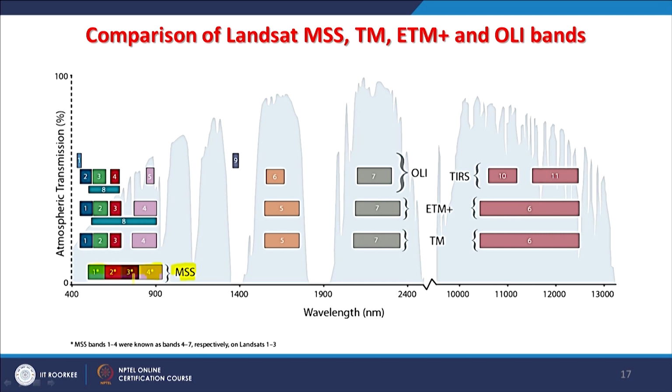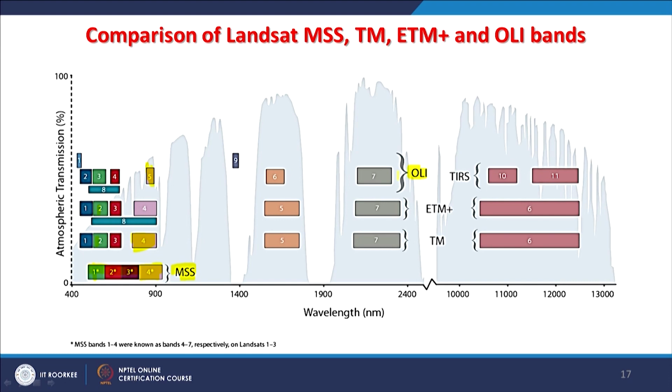Just compare band 1 here and band 1 corresponding to Landsat TM, which is band 2, in ETM again band 2, ETM plus, and then OLI 3. Likewise you get all these bands which are a little broader. Compare this band 4, here it is a little broader, but it is becoming narrower in the OLI series.